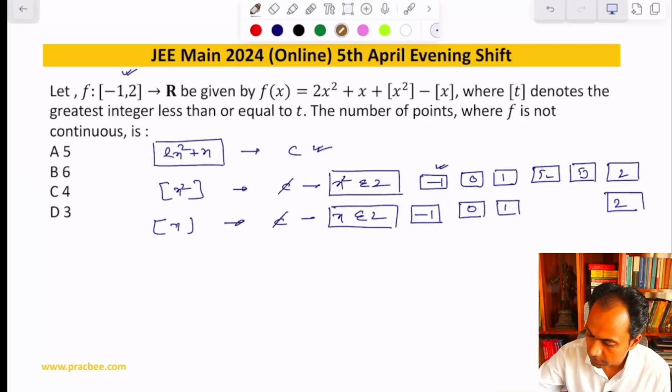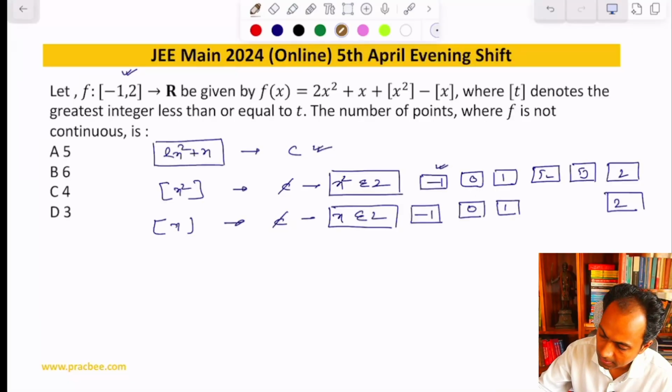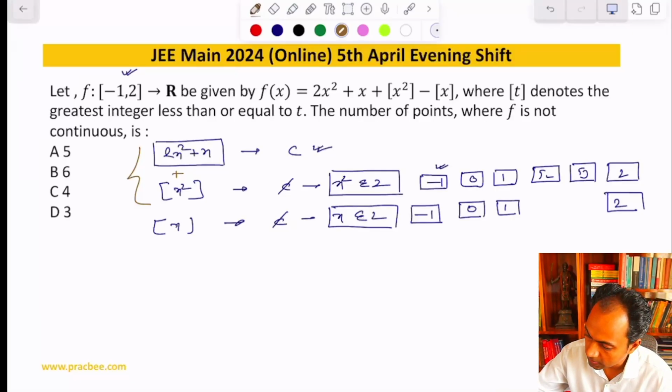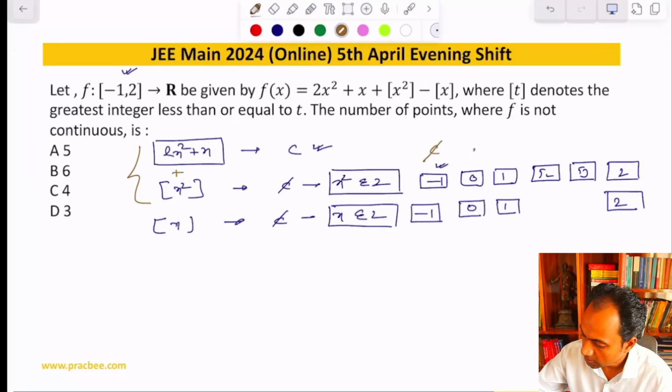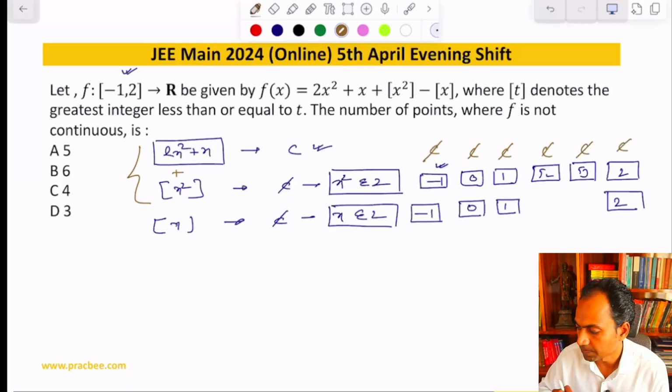Now since I am adding these two first, let us say that these two are a sum of a continuous and a discontinuous function at -1. So at -1 this will become discontinuous, the sum of the first two functions. This will also become discontinuous at each of these points.